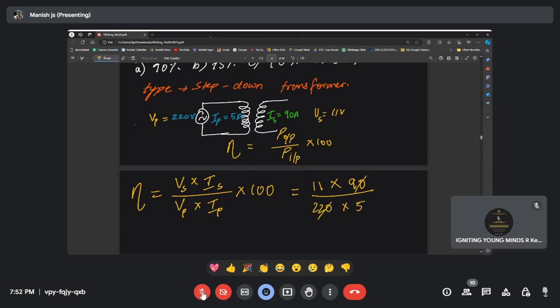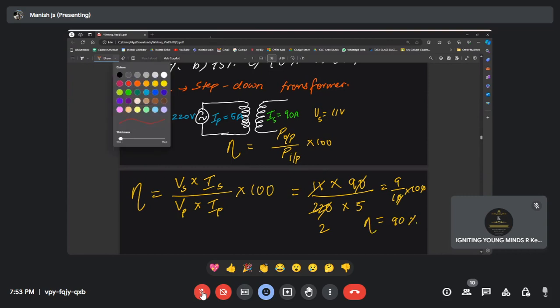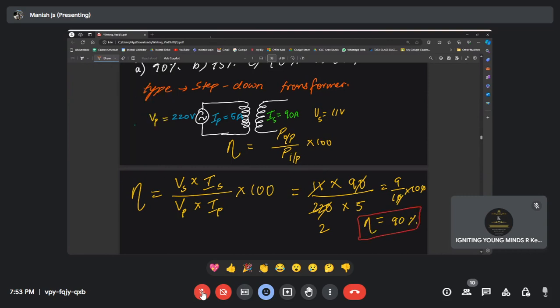Let me cancel out the zeros. 11 ones are 11, twos are 22, and then cancel it out with 2 fives are 10. So I carry 9 upon 10 into 100. The 10 you can also cancel out. So you're getting the answer as 90. Are you guys getting the answer as 90%? So 90% is the efficiency of this transformer.